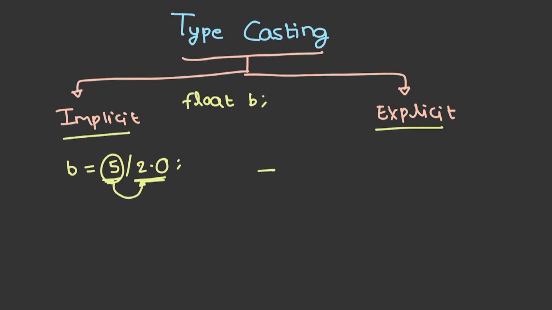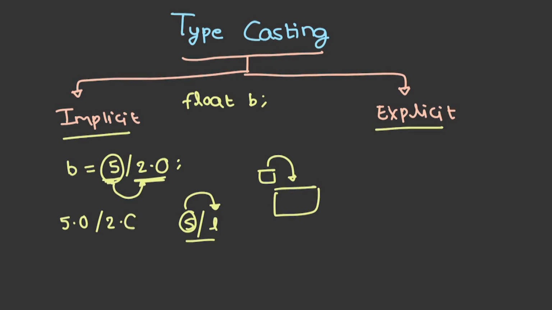As we have seen, a smaller box can be placed inside a larger box. So when you have an expression between a smaller data type and a larger data type, the smaller data type will be automatically converted to the larger data type for an accurate result. Here 5 will be converted to 5.0 divided by 2.0.